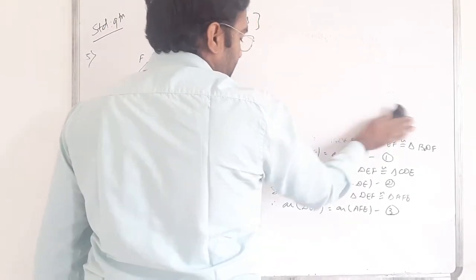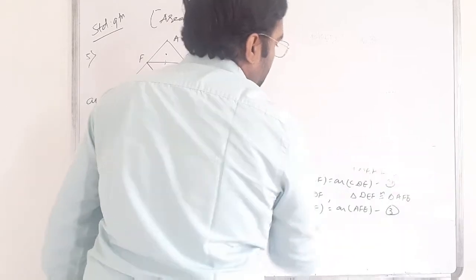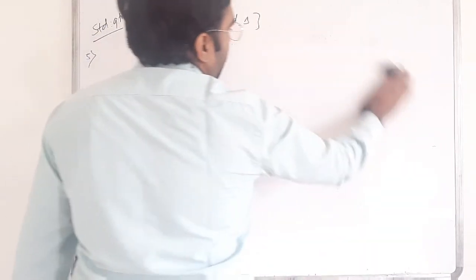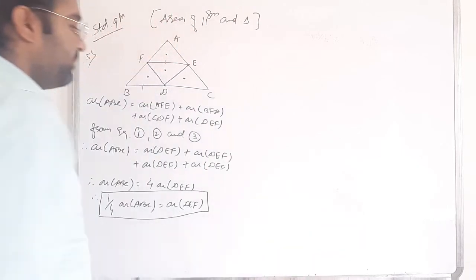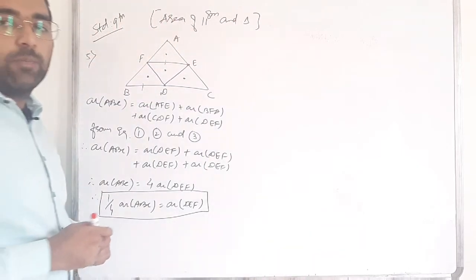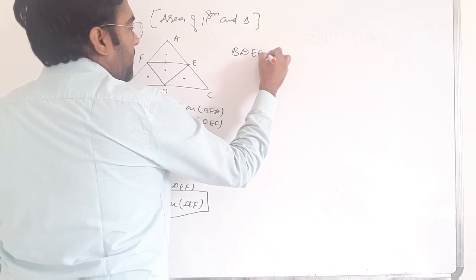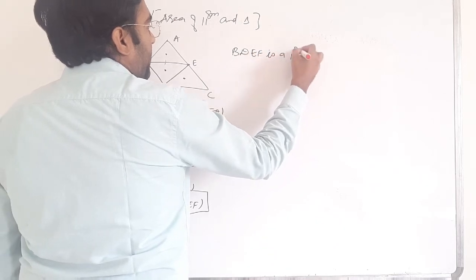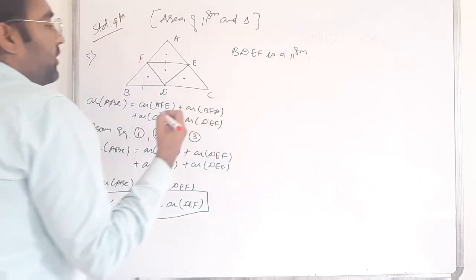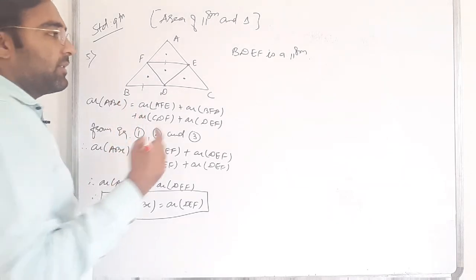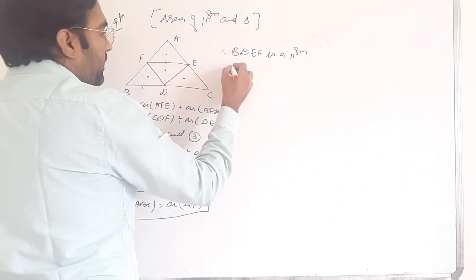Now we know that BDEF is a parallelogram. Therefore it divides into two congruent triangles, and the areas of both triangles are equal.